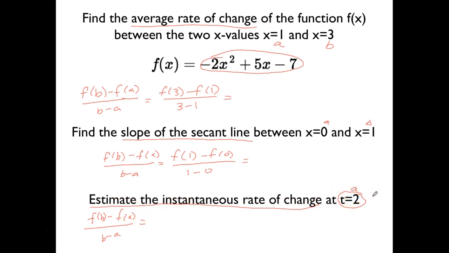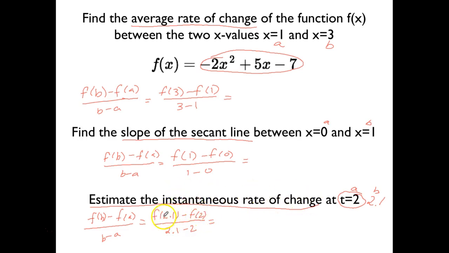You need to pick a value that's really close to it. 2.1. That'll be my b. Now we got it. f of 2.1 minus f of 2 all over 2.1 minus 2. You're going to get some value. That's going to be a very close estimate to the instantaneous rate of change at 2.